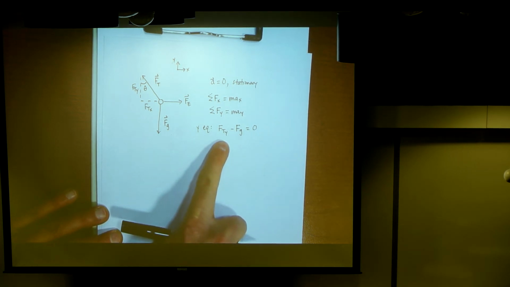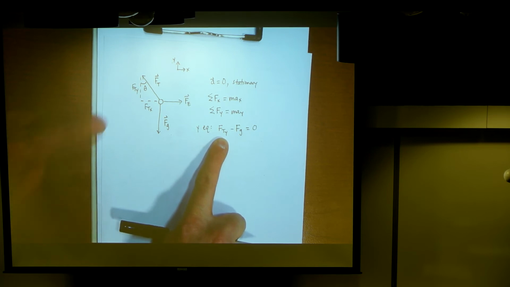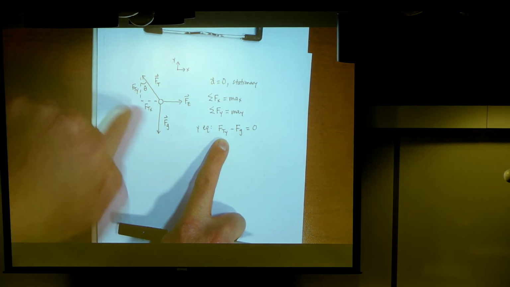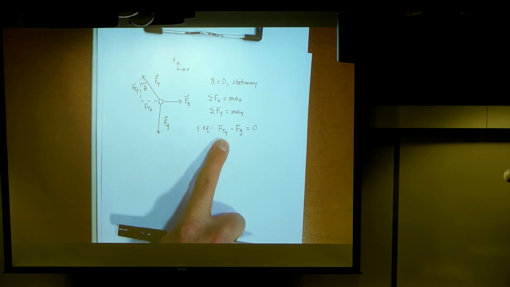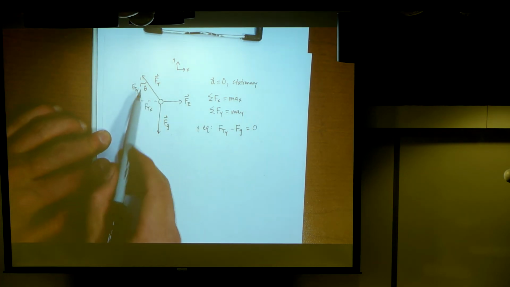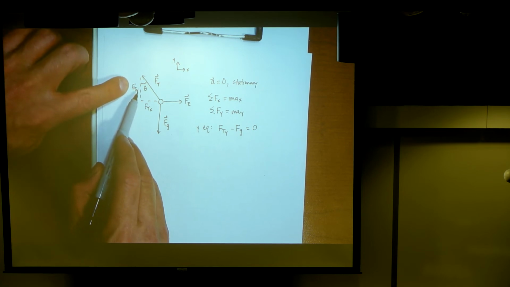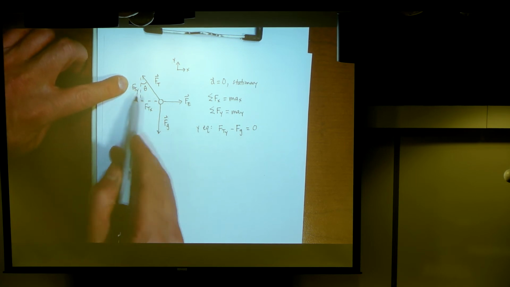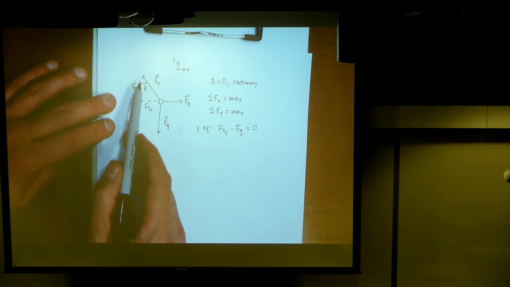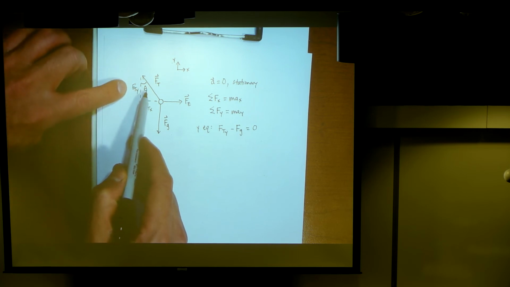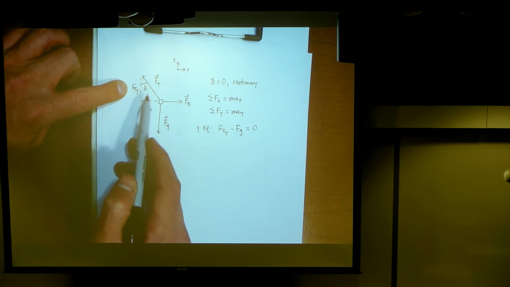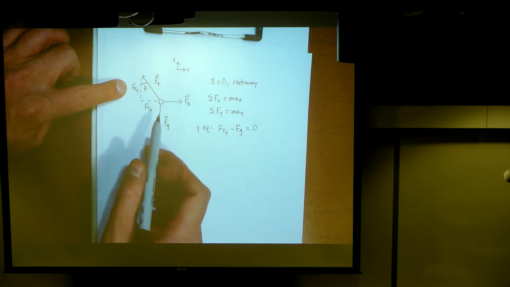Okay, can someone tell me, how could I express Fty in terms of this angle theta? Because we don't want Fty, we want the angle theta to appear in our equations. Cosine theta. Yeah, so check it out. Fty, if we think about this right triangle we've constructed, it's the adjacent side, right? It's adjacent to our angle. That means it goes with cosine, correct?